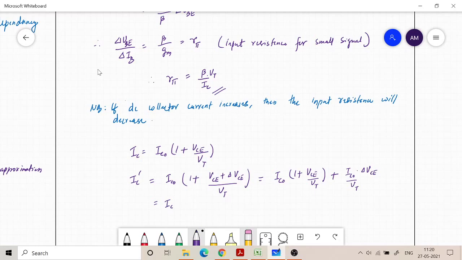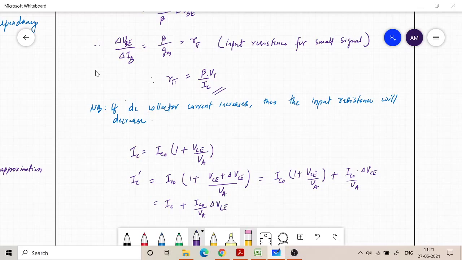So plus IC0 by VA into delta VCE. Sorry, I made a mistake: this is not VT, it is VA, the early voltage. So everywhere I have to correct this.